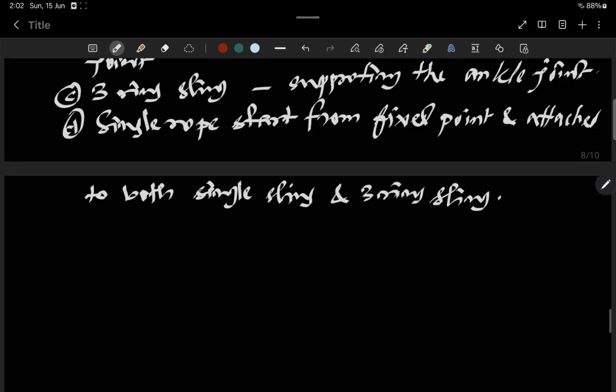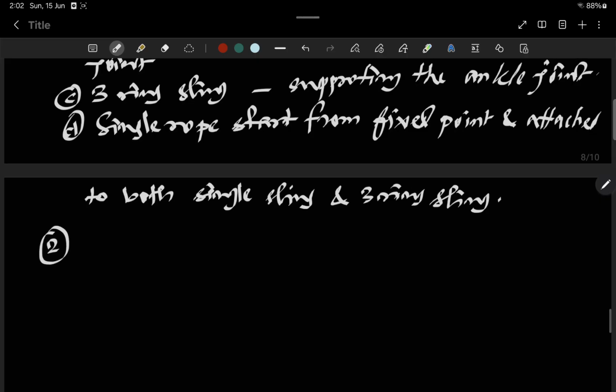Next we will start. Number 2 is the hip flexion and extension.